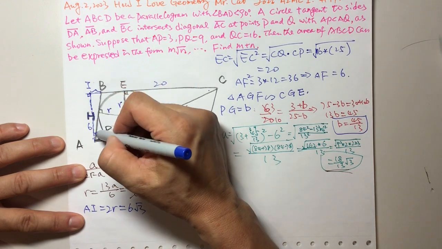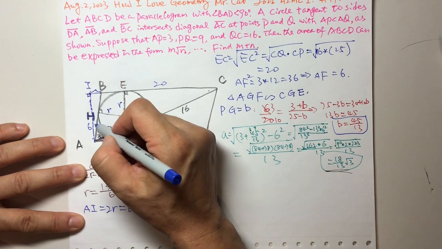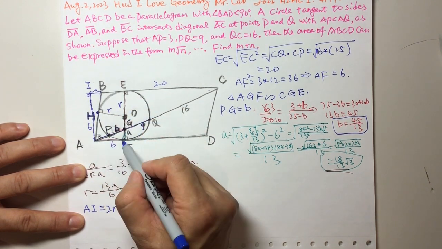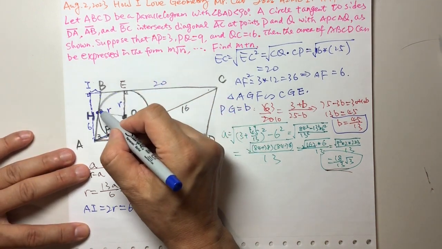If we know that, then we should know AB. AB, we know AH is 6, right? AH is 6, equal to AF. So we want to find HB.